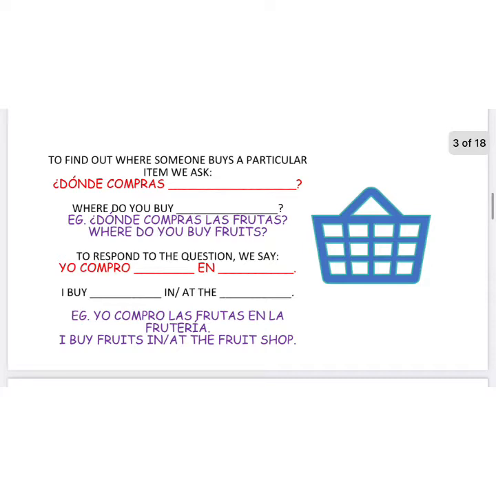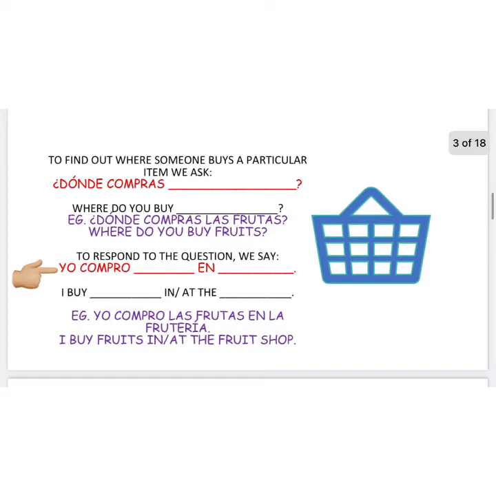So all you have to do, students, is to write or to say, ¿Dónde compras? And then you put the item or the items that you're asking the person about. Para responder, you simply say, yo compro. Then you put the item or the items that you were asked about, en, and then you put whichever store it is.